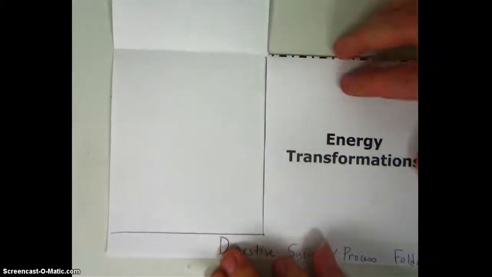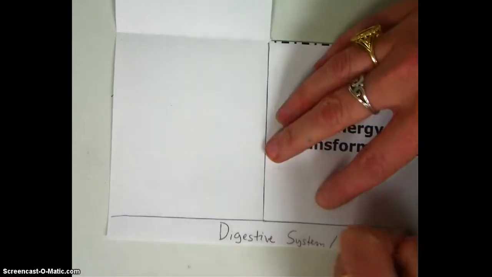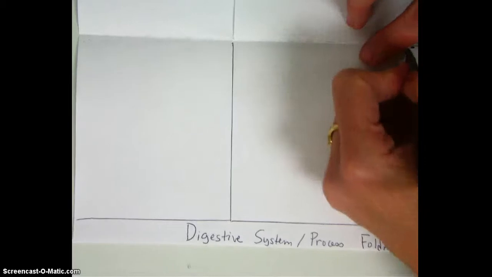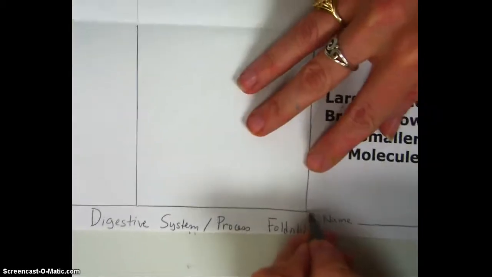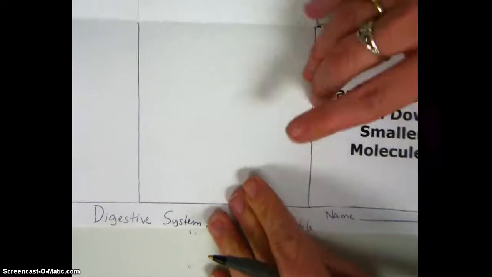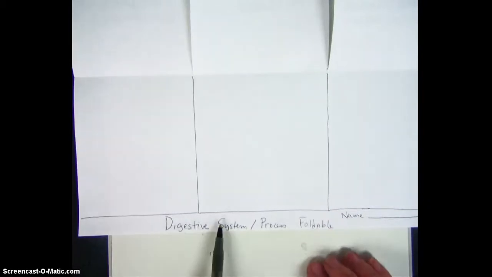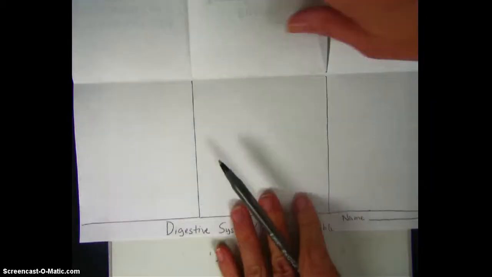So now you have a square. Draw a line at the bottom, fold the flap up, and draw at the edge. Finally, draw a line at the bottom and hold the flap up. So you'll have 3 different sections to write. You have a title at the bottom, Digestive System Process Foldable, and your name, and you have 3 areas to write.